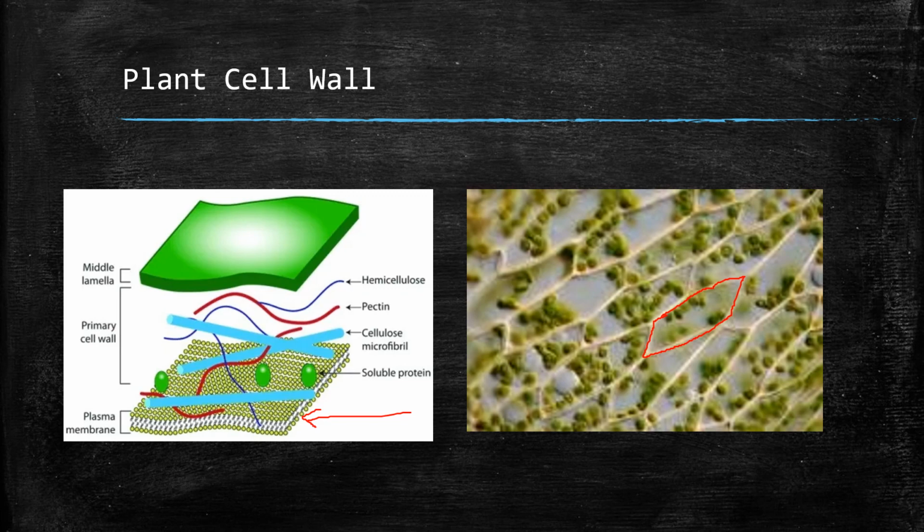And then what composes the cell wall are these long cellulose fibers. Remember we talked about during our organic chemistry that those long carbohydrate chains of glucose makes up cellulose. And we said that was the most abundant of our carbohydrates, and so here we are.